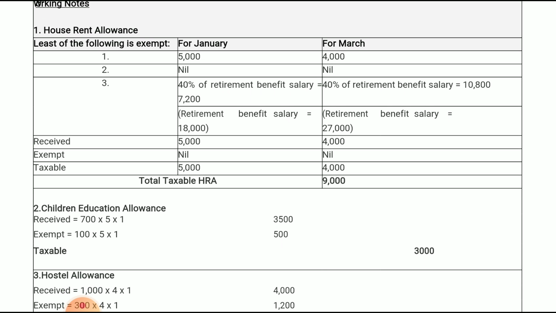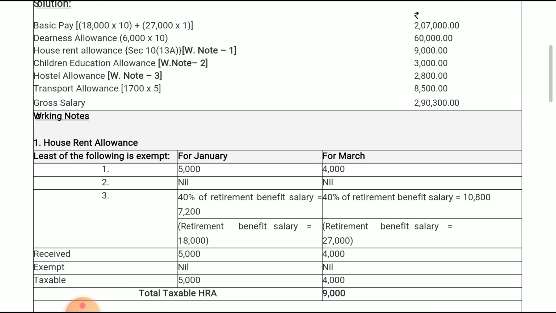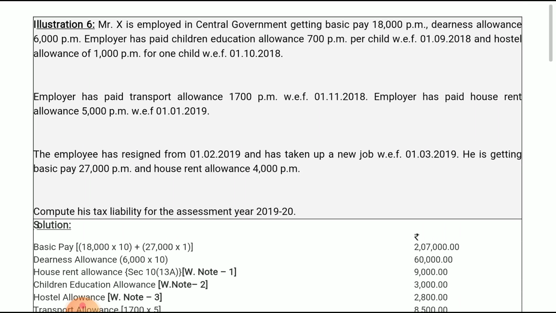Now come back to the second working note, children's education allowance. The rule for children's education allowance is 100 rupees per month into the total number of months, 5, into 1 child. Now let us see the received amount.